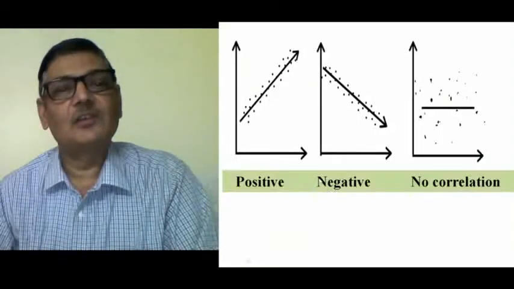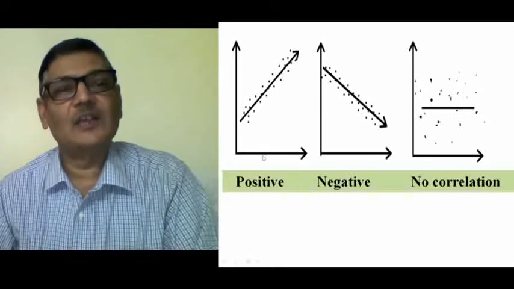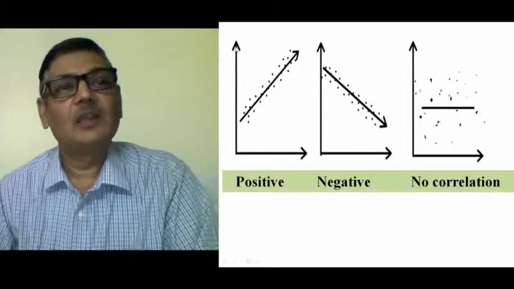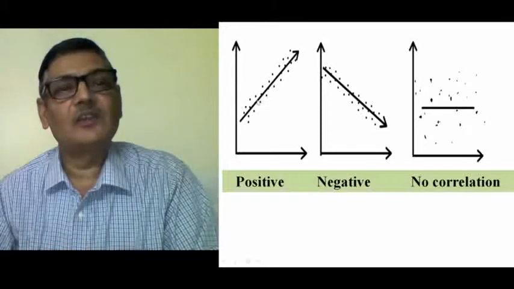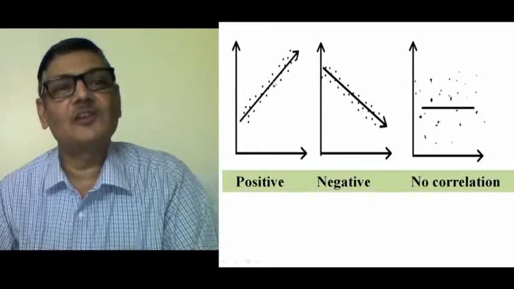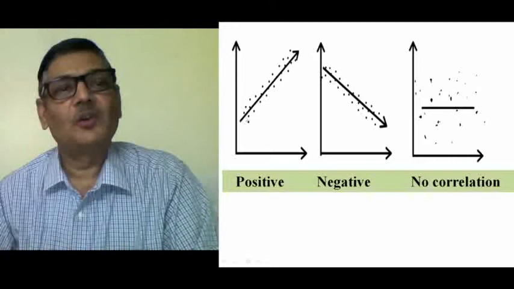In this diagram, in the first graph, the independent variable is shown on the x-axis, whereas the dependent one is depicted on the y-axis. The figures are put over here, and we can see the direction of occurrence. Here there is positive correlation because there is a constant increase in the variables.